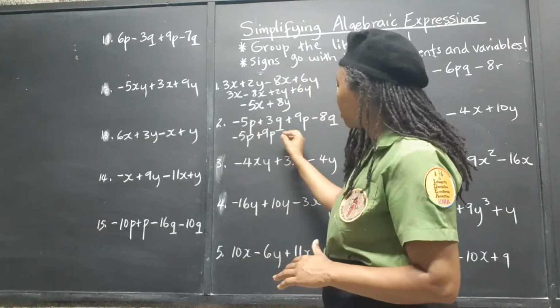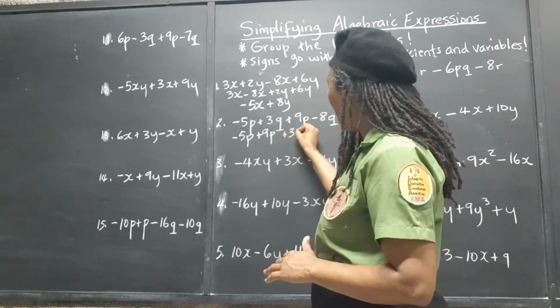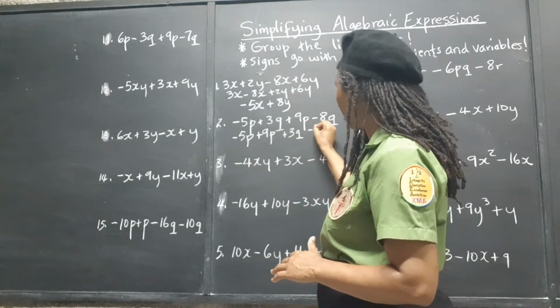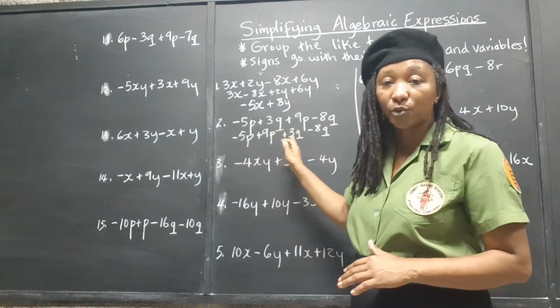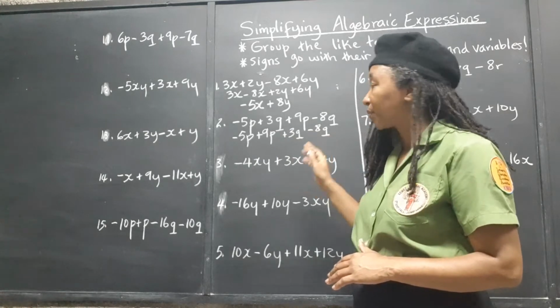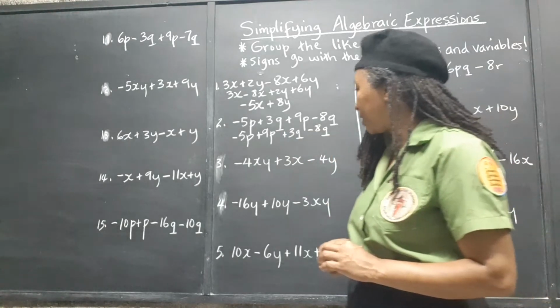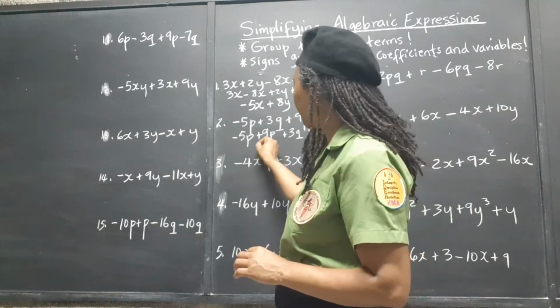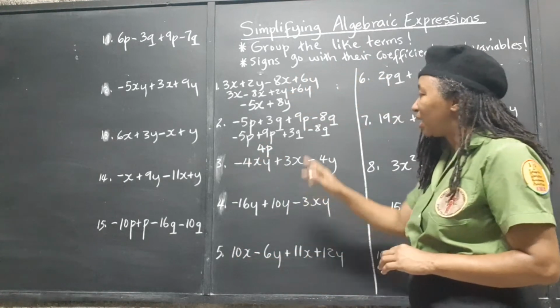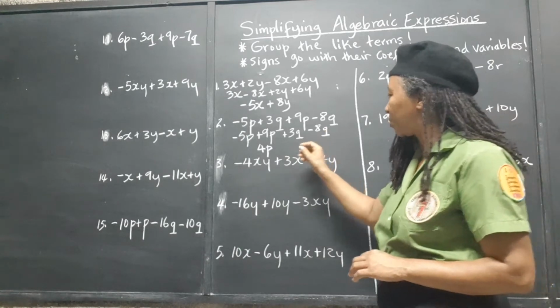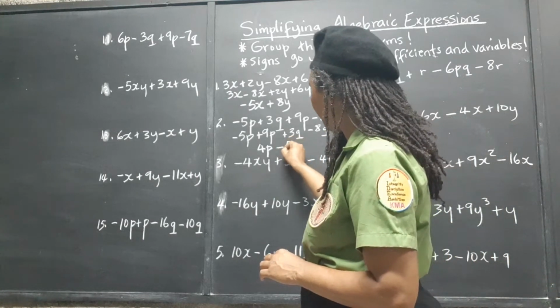We have a plus 3Q, and we're going to put the negative 8Q with that. So we have grouped our P's, we have grouped our Q's. So negative 5P plus 9P, that's going to give us a positive 4P. Positive 3Q minus 8Q will give a negative 5Q.